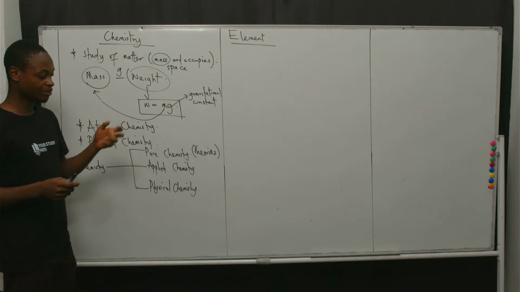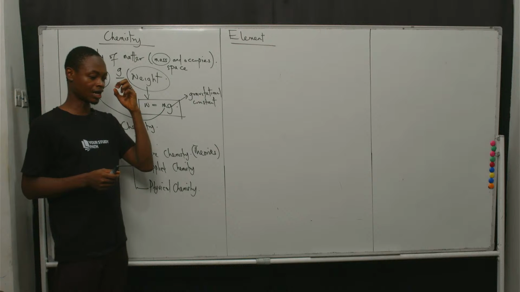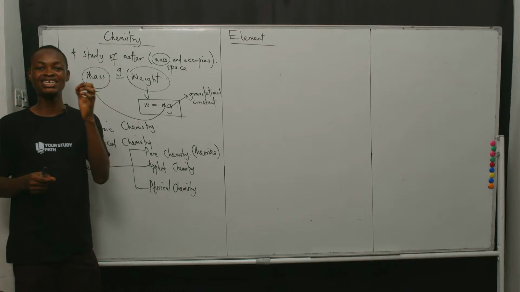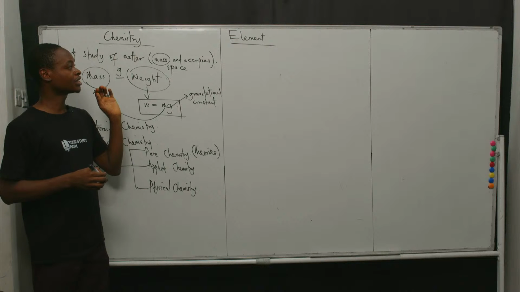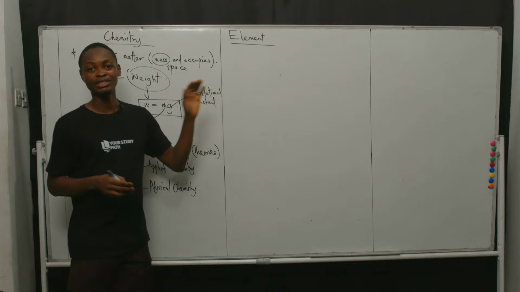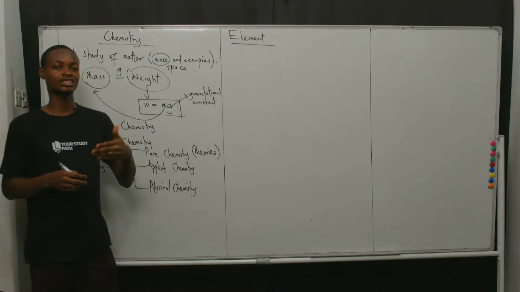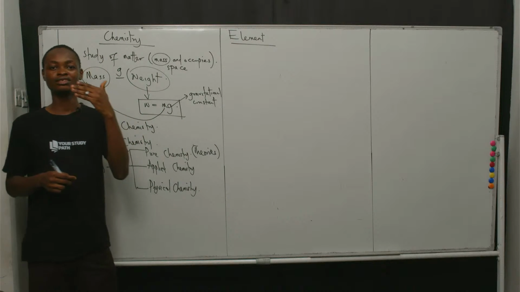Now, the element represents an object or an item with unique characteristics in chemistry. Now, there is a list of these elements that has been discovered over the years, whether in labs or in nature.